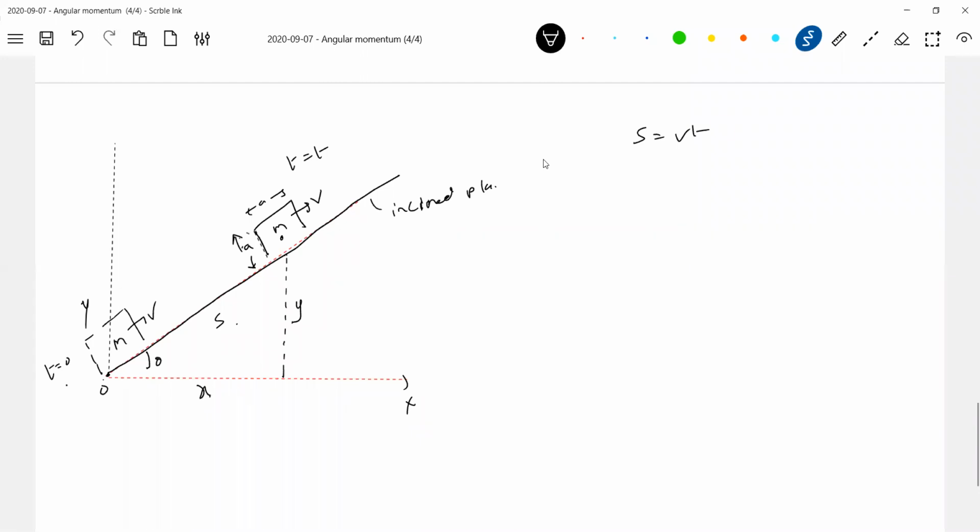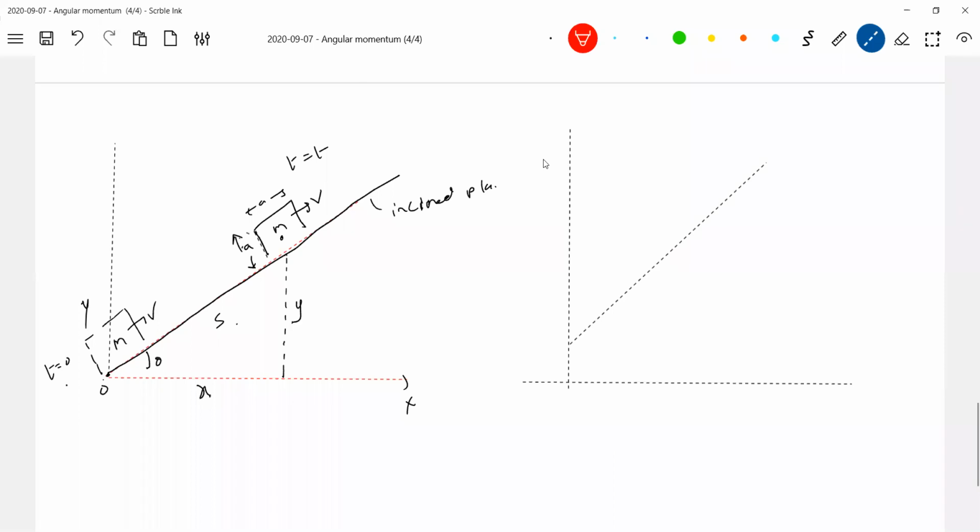And look at the block. There's the inclined plane. There's a block. Let's focus on the center of mass here. There's the x-axis, there's the y-axis, and the center of mass will move parallel to the incline. Agreed? Now what is the distance? A by 2. And this is the velocity of the center of mass here.